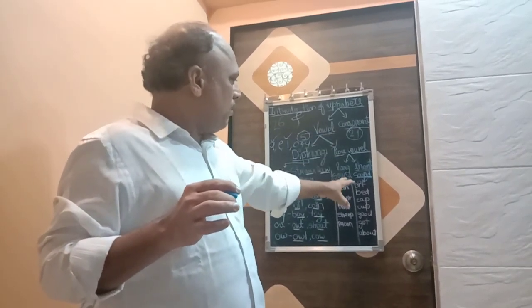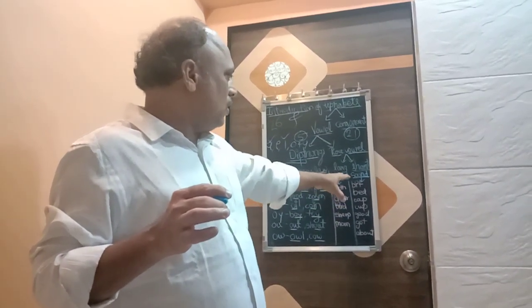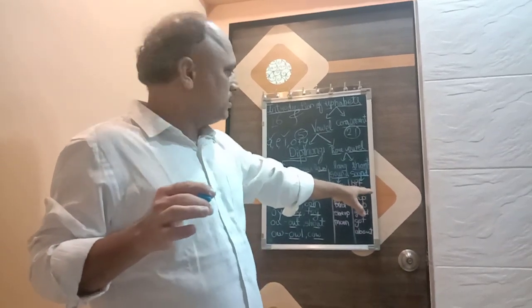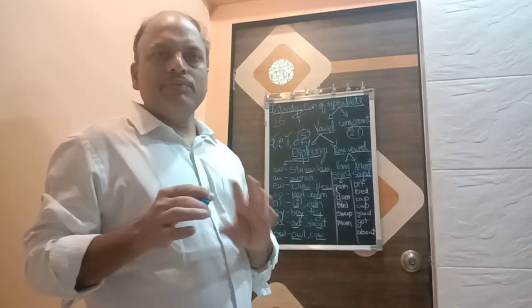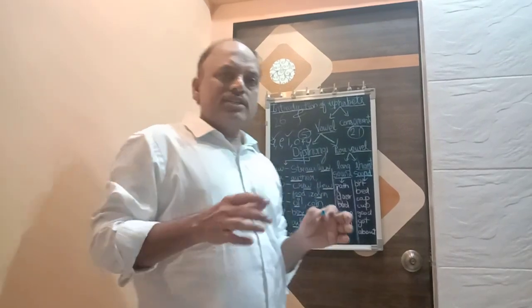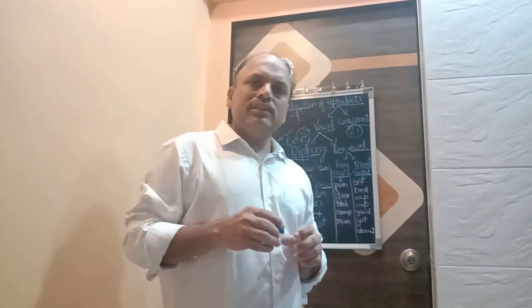Pure vowels are long sound and short sound vowels, and there are 8 types of diphthongs. In this session, I have tried to cover the basic introduction of the alphabet.